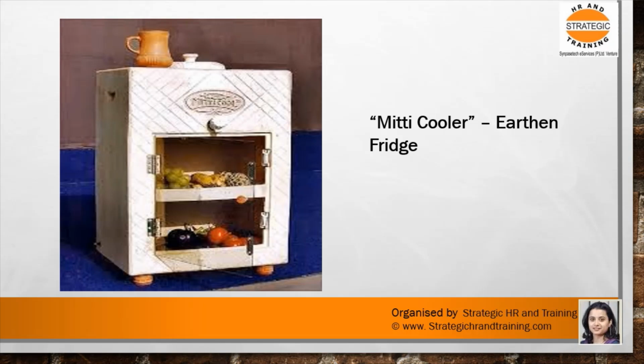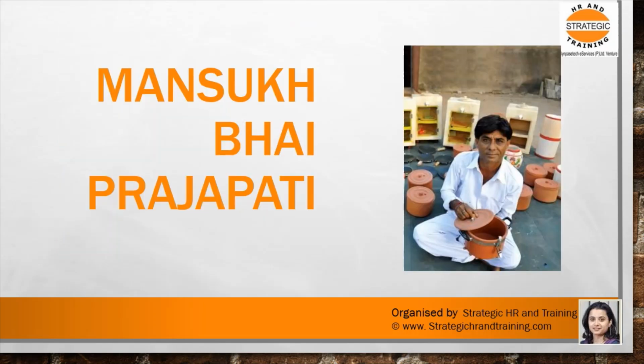This is a real life example of innovation and creativity at its best. The best part is not just how portable, convenient it is. The best part is how simple the idea and the application is. You can see in the picture Mansukh Bhai Prajapati, the gentleman who invented the mitti cooler, and similarly many other products which are being sold across the world now.